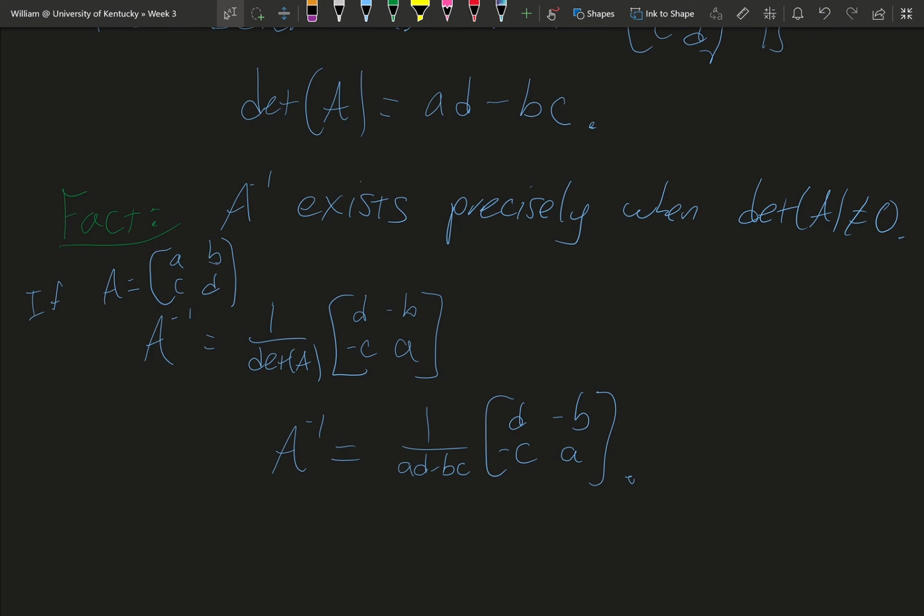And we can see here why the determinant needs to be nonzero, because we divide by it. So here's why this is useful.